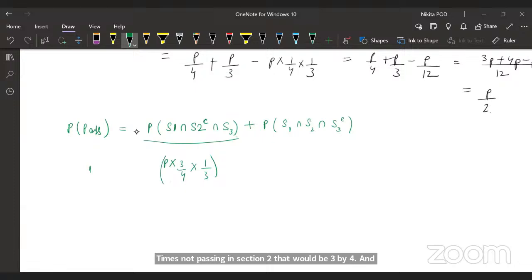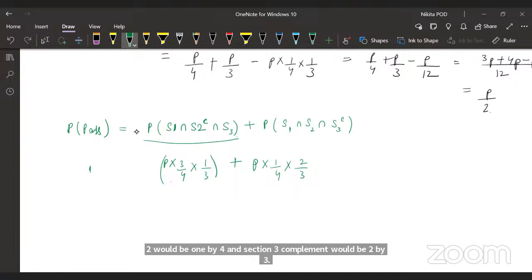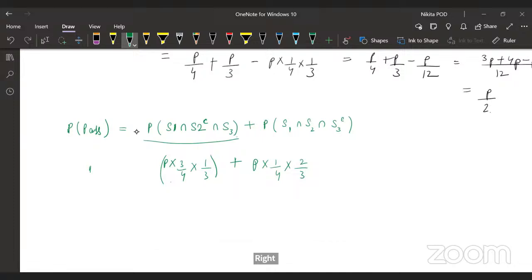Plus you would have P times section 2 would be 1 by 4 and section 3 complement would be 2 by 3. Right? Yes, ma'am.